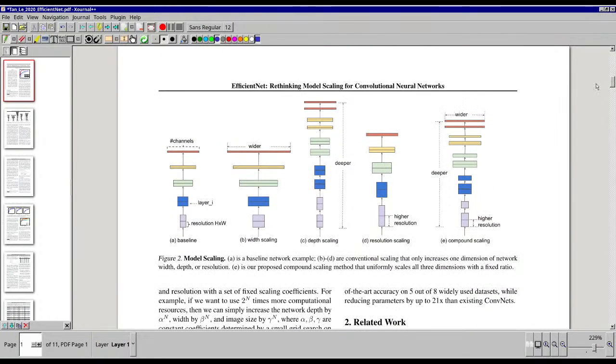Figure 2. In the baseline, we have resolution, height times width, layers, and channels, the number of channels.